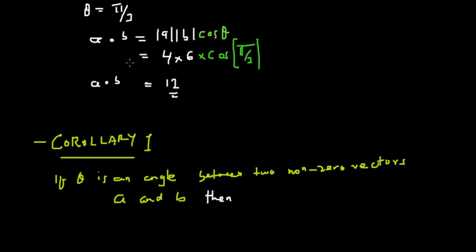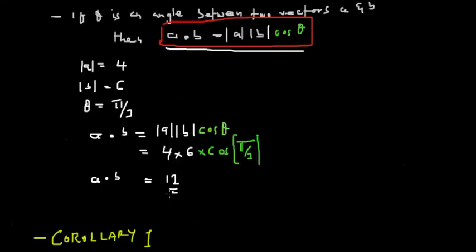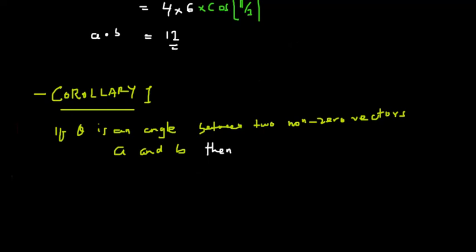Then we can use the same formula. This same formula, we are just making cos theta the subject. Nothing new. So cos theta will be equal to the dot product divided by the product of the lengths of the two vectors.